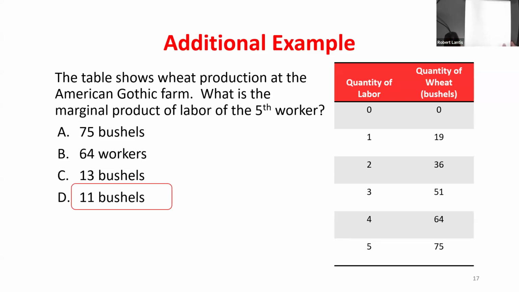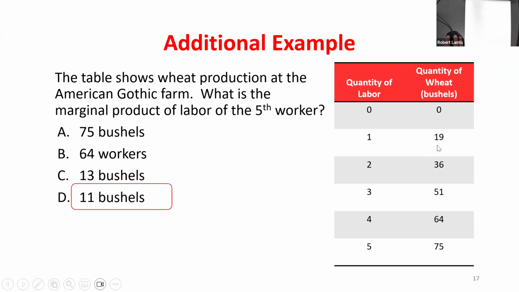So even if I didn't give you these numbers, what should be true if I calculate, say, the marginal productivity of labor of the 2nd worker? If I know the marginal productivity of labor for the 5th worker is 11, I know the marginal productivity of labor for the 2nd should be something greater than that, right? As I hire more workers, my marginal product of labor should be falling.